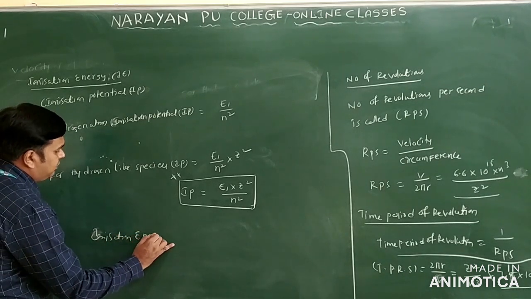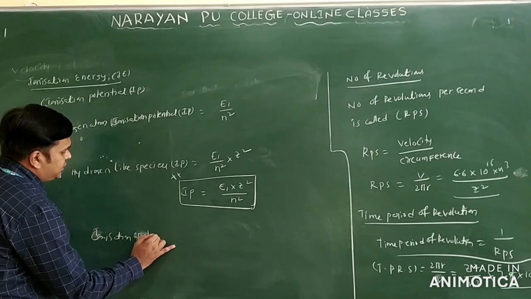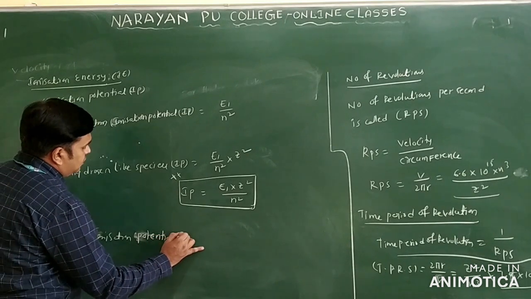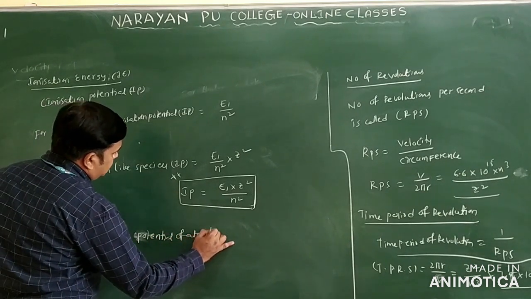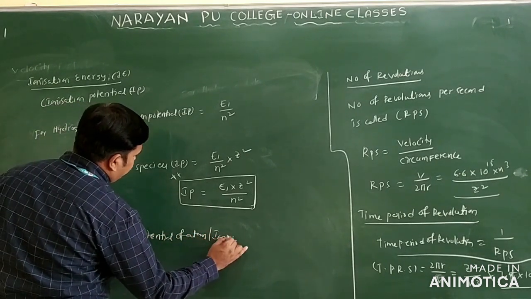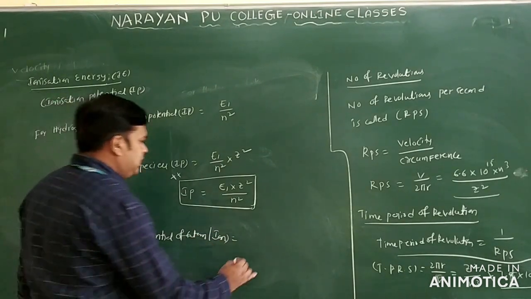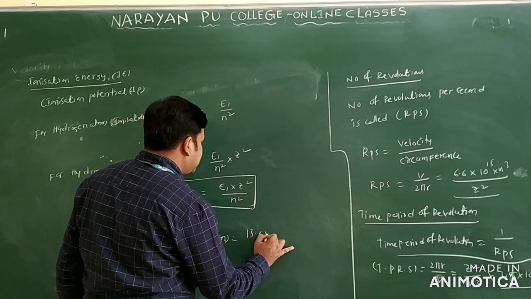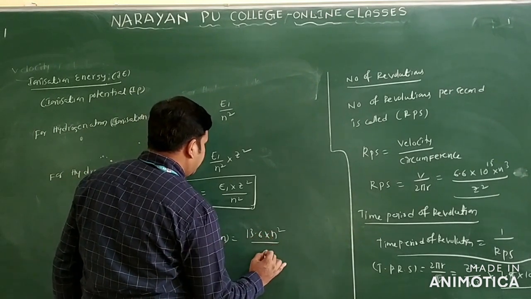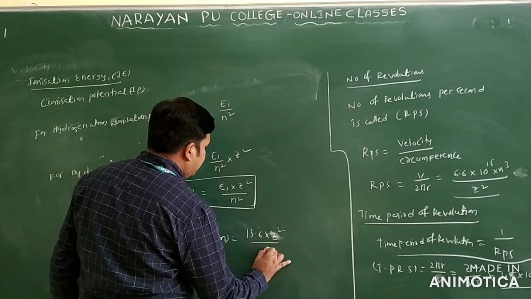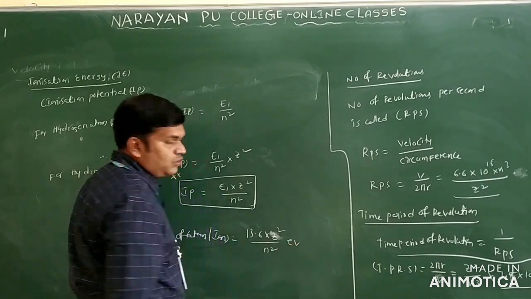Ionization energy, or ionization potential of an atom or ion, you can write as 13.6 into Z square by n square electron volts only.